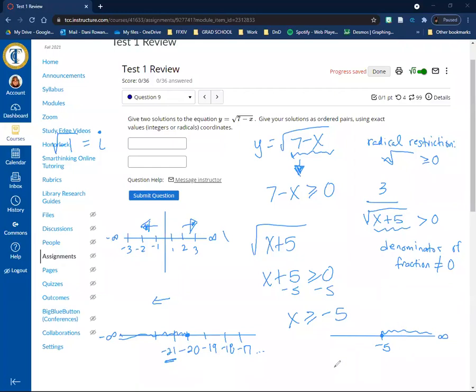So what's our interval notation then? -5 to infinity, -5 is included. Does that help?